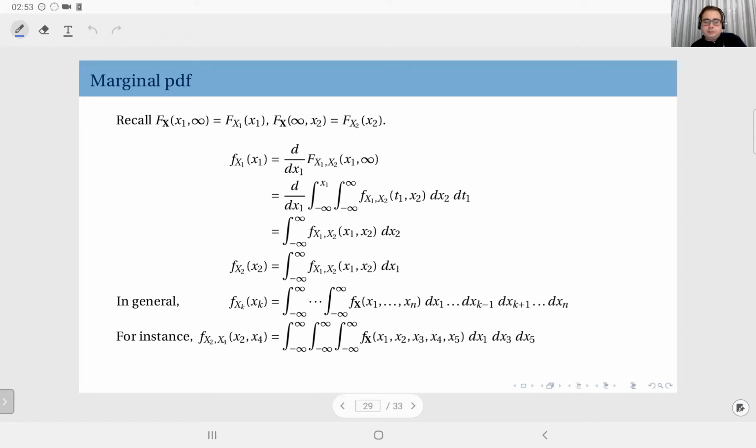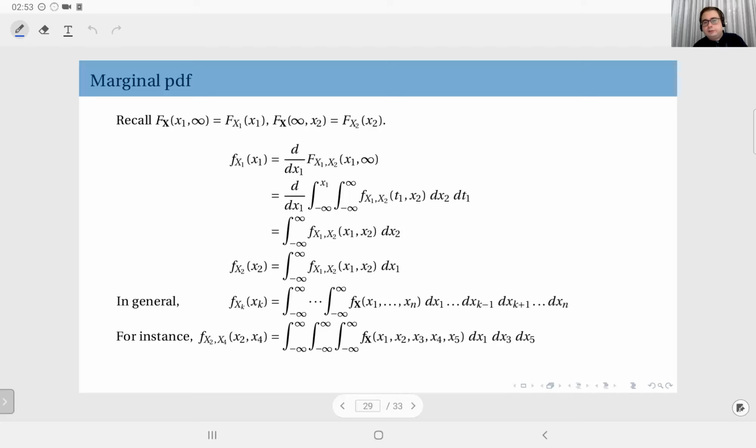This is confused a lot of times. If you know the marginals, in general, you cannot go to the joint behavior because that's more information. The marginals do not have information regarding the other components. The marginal PDF of x1, let's say, has no information on how x1 interacts with x2. Okay, that's important.